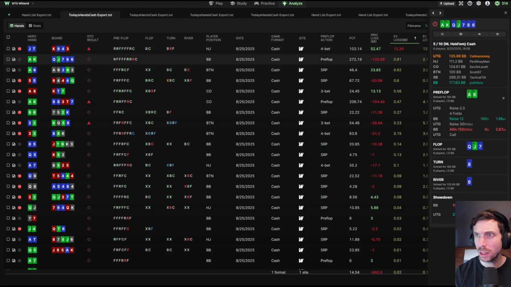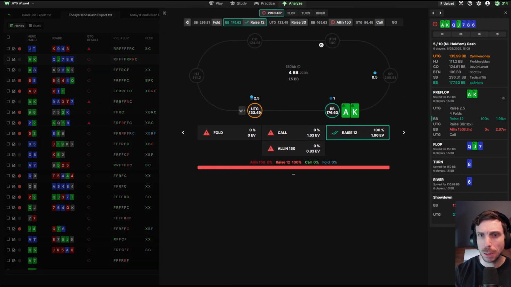So next hand, go here. Ace king suited. We are in the big blind. This is a spot where I think GTO Wizard sometimes has an issue where it doesn't account for some strategies that are extreme, what I mean by that is outside of what the solution has for the equilibrium.